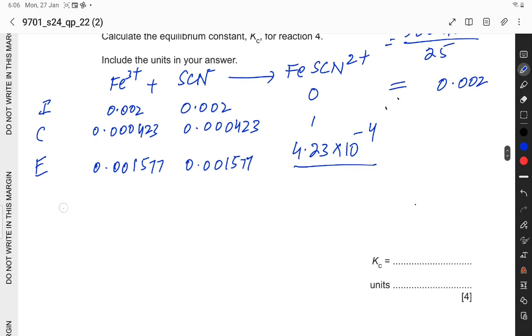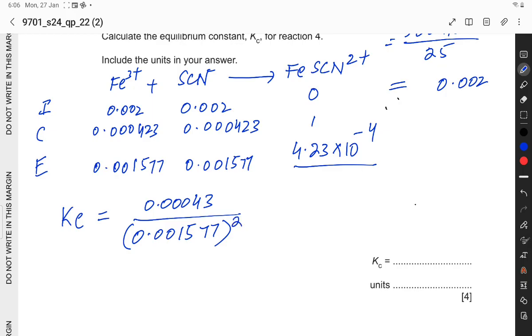So write down the Kc expression and put the values in: 0.000423 divided by 0.001577 squared. So the answer is 170.